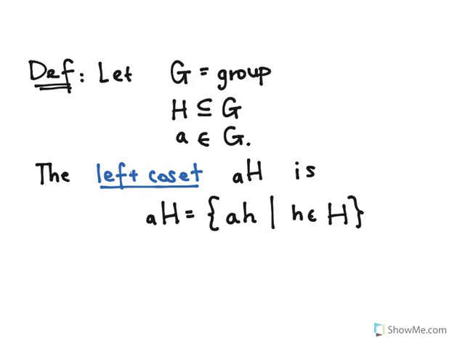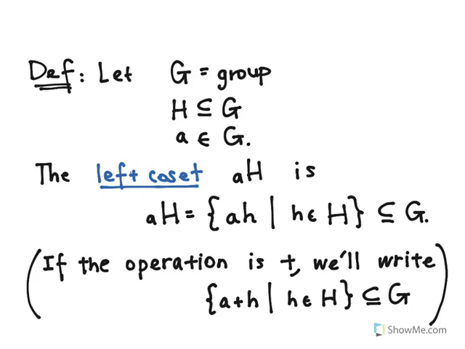Little a should be any element in the whole group G. Then the left coset aH is defined as the set of all things that I can get by doing this particular element a and combining it under my group operation with any element whatsoever in the subset H. So this is going to form a subset of the group G.